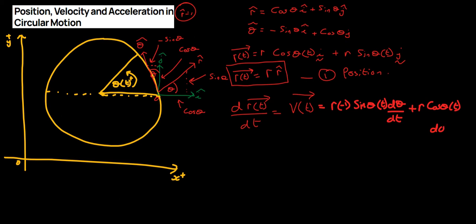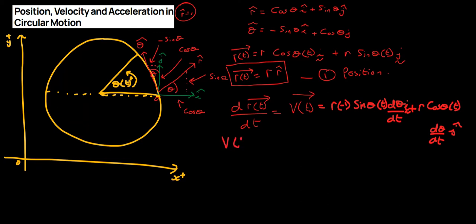We get a d theta dt, and of course we need to insert the i and the j's.